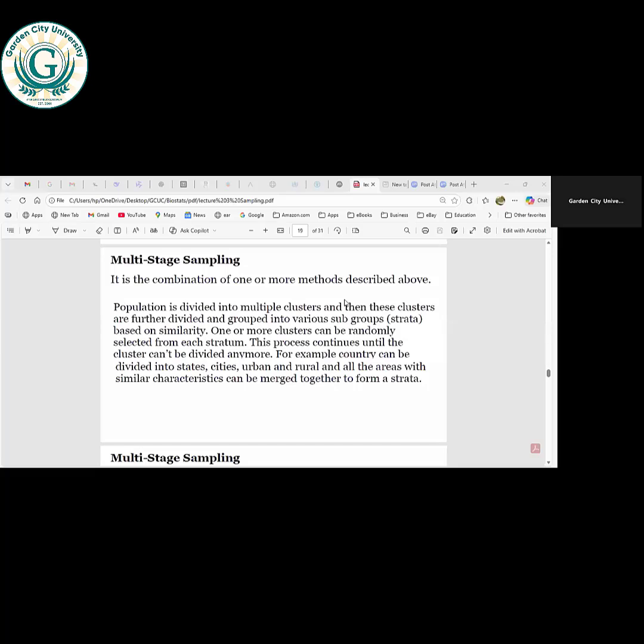I can group the individuals in Ashanti region into strata based on ethnicity. So I put all the Akans in one, all the Ewes, whoever, in one, and so on and so forth. Then you can now apply your simple random sample inside. So you see that if I apply more than one of these techniques, what I'm doing here is what we call the multi-stage sampling techniques.